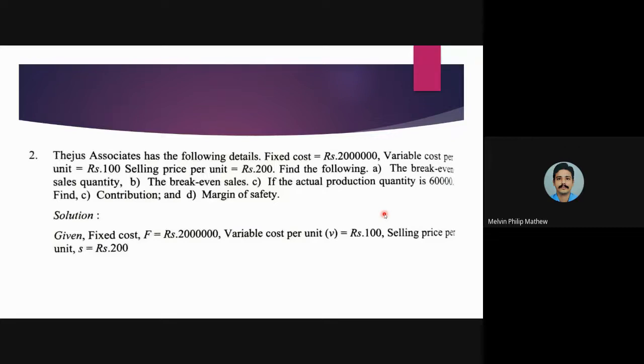Then for C and D, if the actual production quantity is 60,000, find C, contribution, and D, margin of safety.